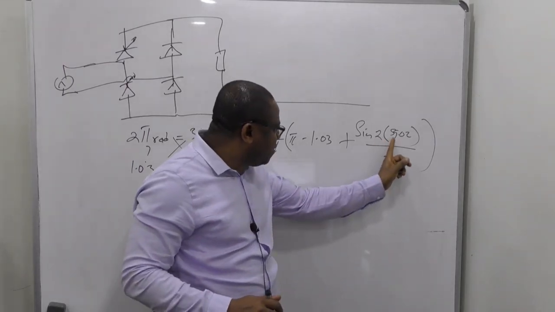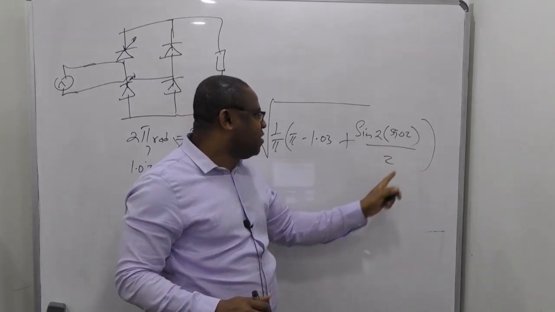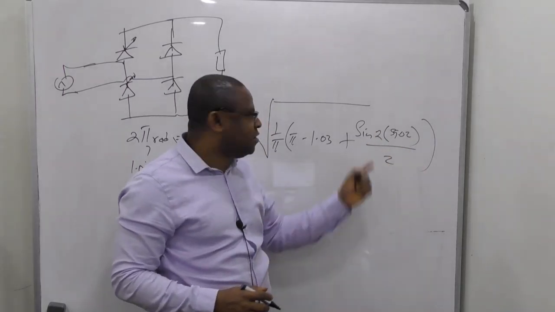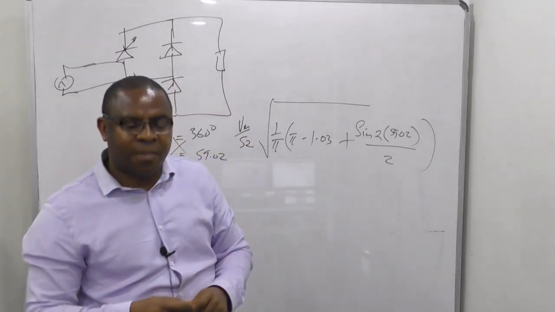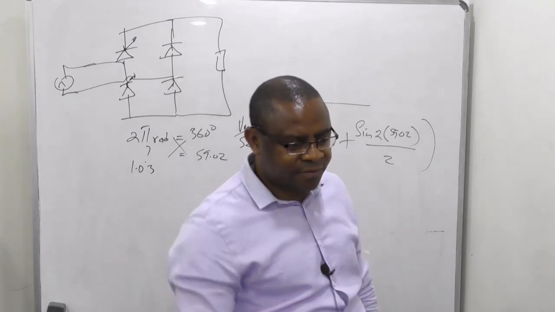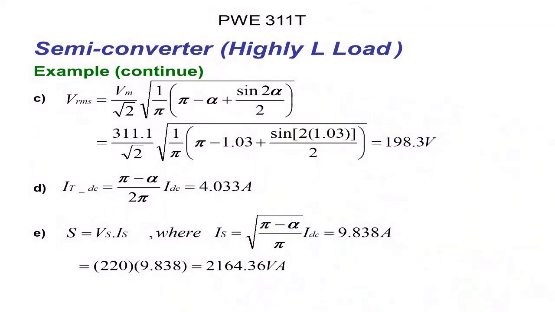You can just leave this as it is here, 59.02 times 2, you look for the sine of it, divided by 2, as long as your calculator is in degrees. Okay? Did you get that? So from there you will get 198.3.